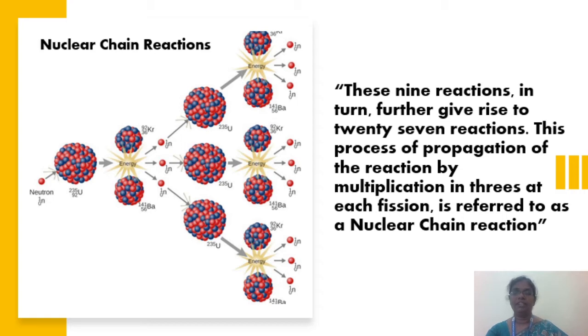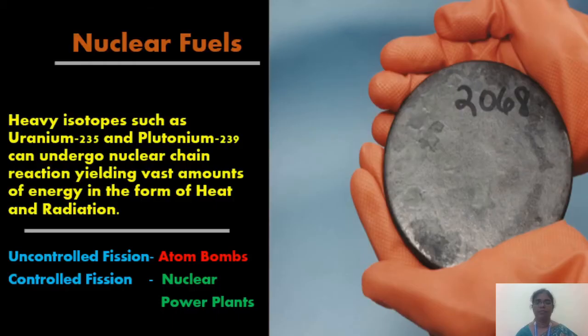These nine reactions in turn give rise to 27 reactions. This process of propagation of the reaction by multiplication in threes at each fission is referred to as a nuclear chain reaction. Heavy isotopes such as uranium 235 and plutonium 239 can undergo nuclear chain reactions, yielding vast amounts of energy in the form of heat and radiation.